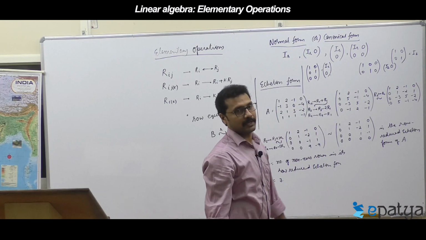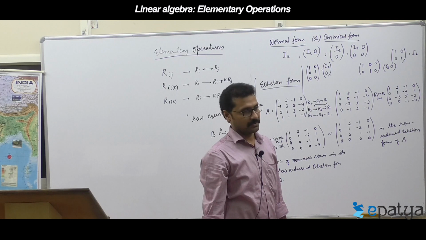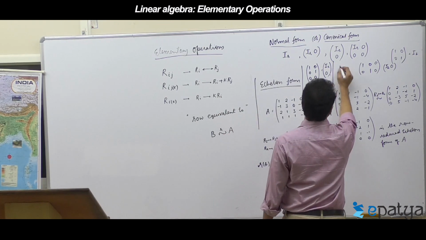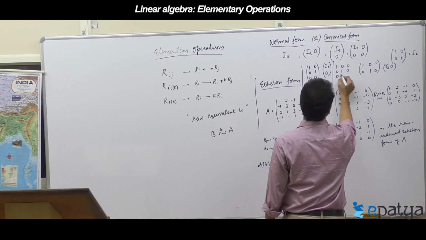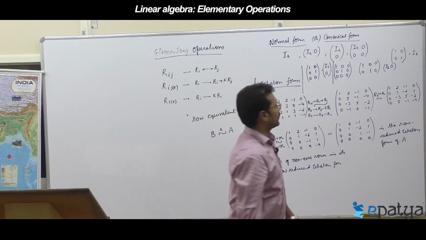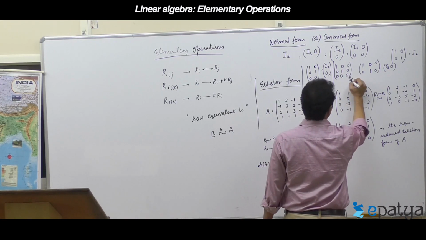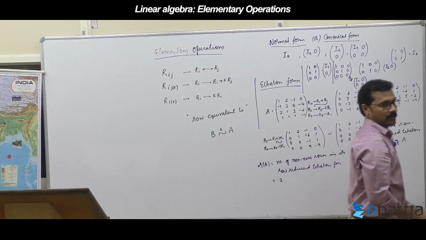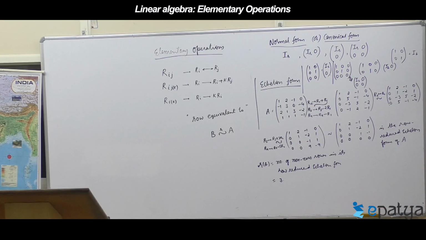Or suppose it is a 3 by 3 matrix or a 4 by 4 matrix in which I got 1, 0, 0, 0, 1, 0, 0, 0, 0. What I got looks like I2 with zeros. From this, the rank of the matrix is exactly 2, that is I_r, where r becomes the rank of the matrix.